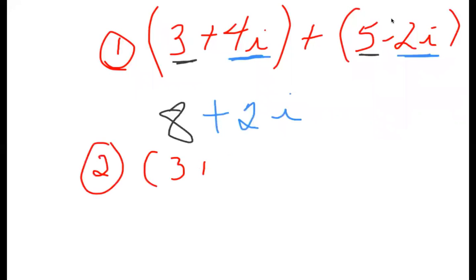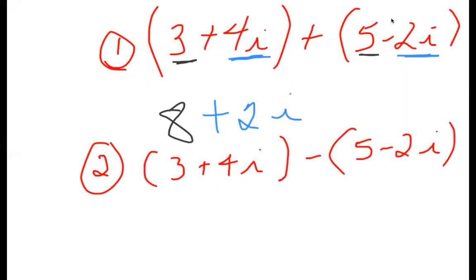Number 2, let's say this time we're finding the difference between the two complex numbers, okay? So in the case of this one right here, what I recommend you do is to distribute the negative over the second parentheses. And once you distribute the negative over the second parentheses, you would be left with 3 plus 4i minus 5 plus 2i. And just like with the previous problem, you combine the real with the real, the imaginary with the imaginary.